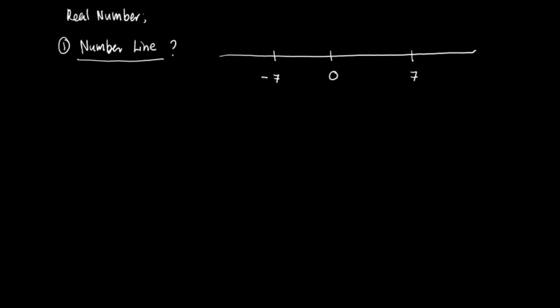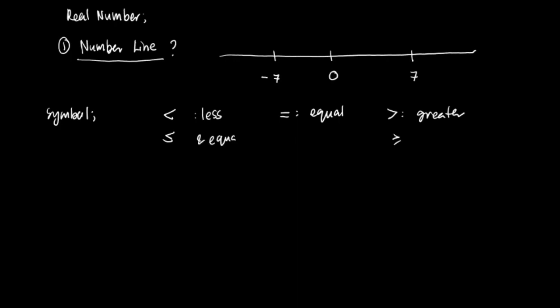For the number line, take note of the symbols: less than, equal, and greater than. Less can be less than or equal, and greater can be greater than or equal. I'm sure you are good enough for this part.